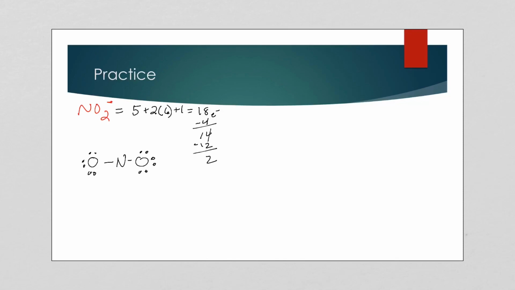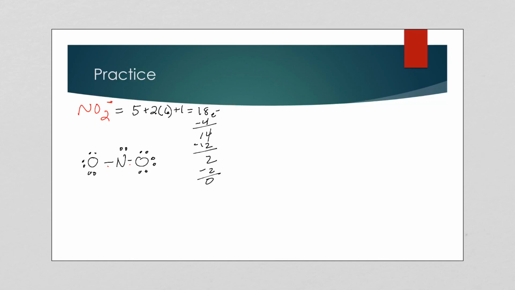So I progress onto the center atom, the nitrogen. It has 4, 2 here, 2 here, so it needs 4 more. But of course, we only have 2. So we're going to put a lone pair here and use up that last 2 electrons. But nitrogen is still without an octet.